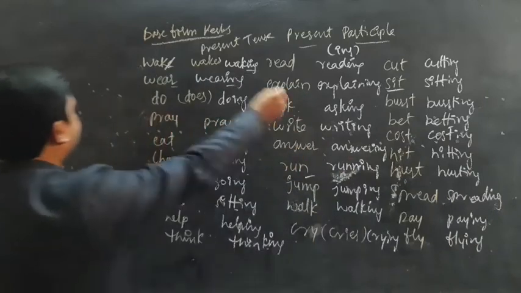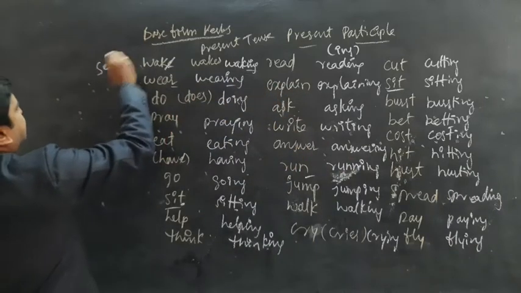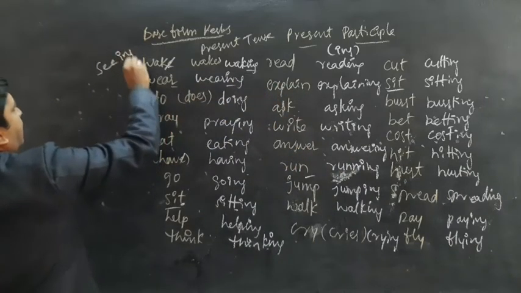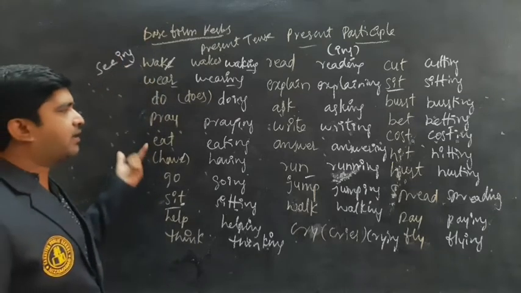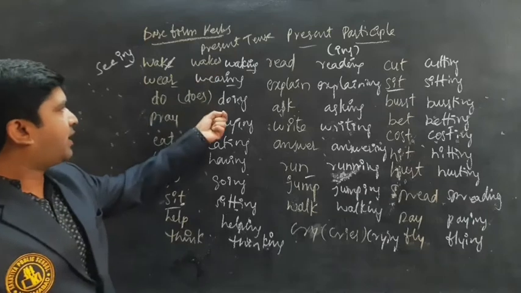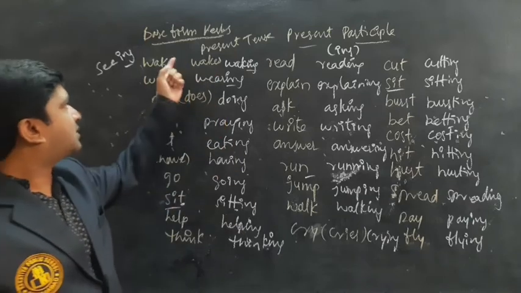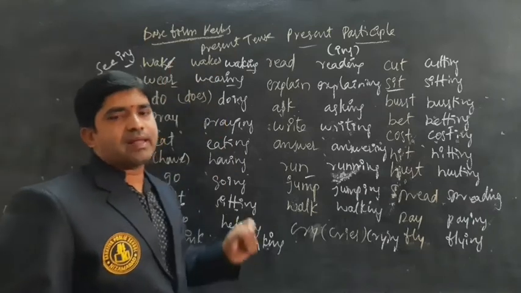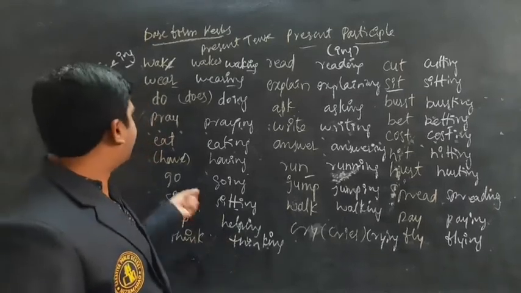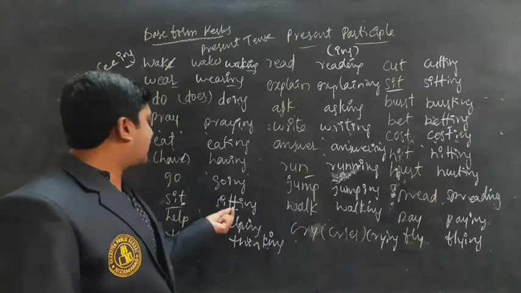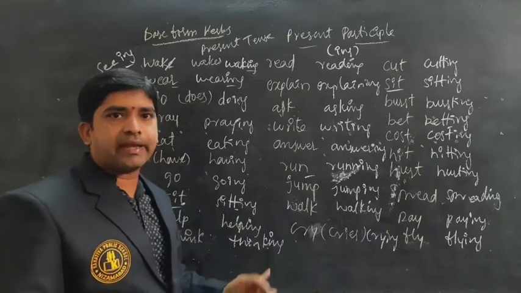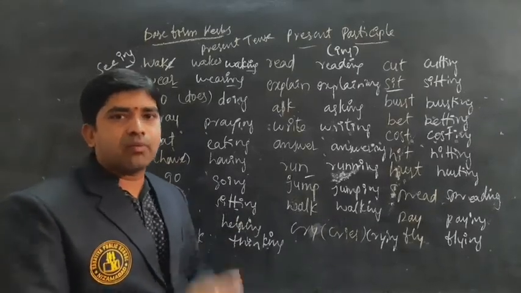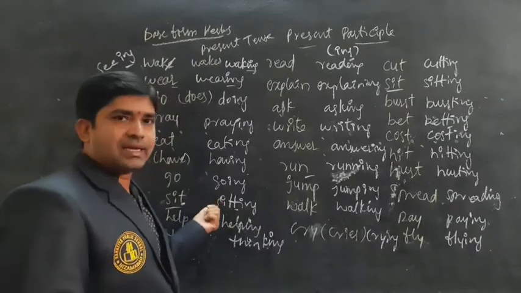And here see, we are adding simply ing, seeing. Here we observe that somewhere we are removing the last letter, somewhere we are doubling the last letter, and somewhere we are not removing any letter.